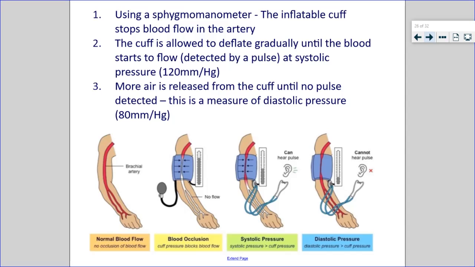And as soon as you can detect a pulse, that is your systolic pressure. And then the air is released a little bit more, it's deflated more. And when you can no longer hear the pulse, as soon as that point happens, that's your diastolic pressure. And that's always lower than your systolic pressure.